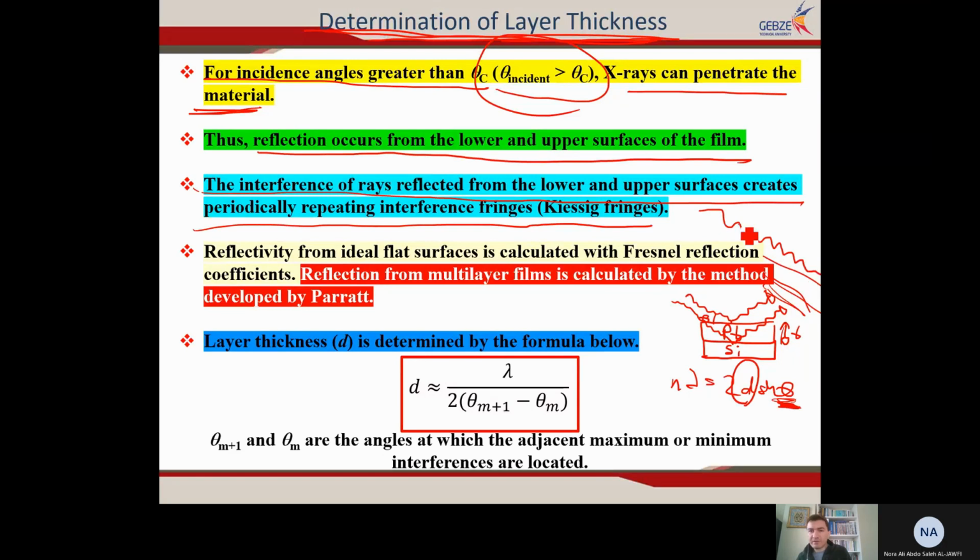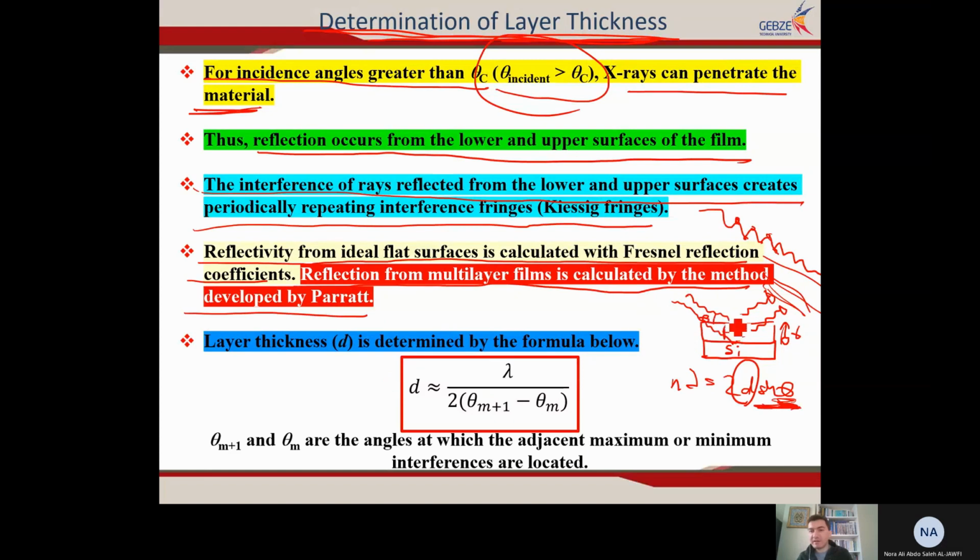So you can consider constructive interference, destructive, constructive, destructive, depending on the theta angle. Reflection from ideal flat surfaces is calculated with the Fresnel reflection coefficient. Reflection from multilayer films is calculated by the method developed by Parratt.